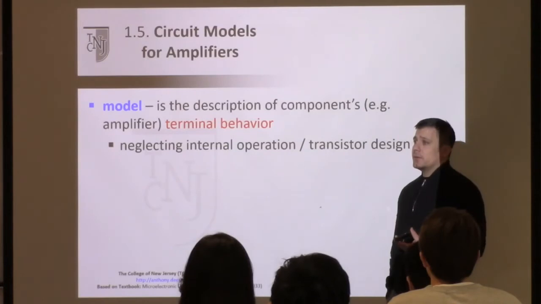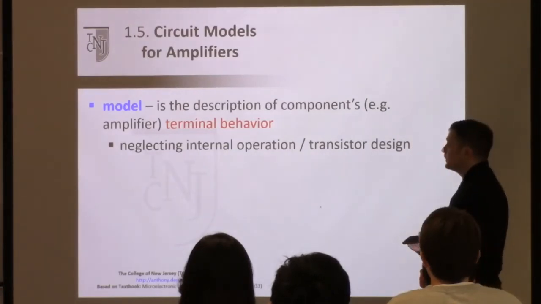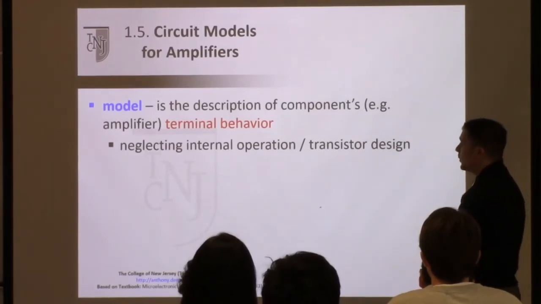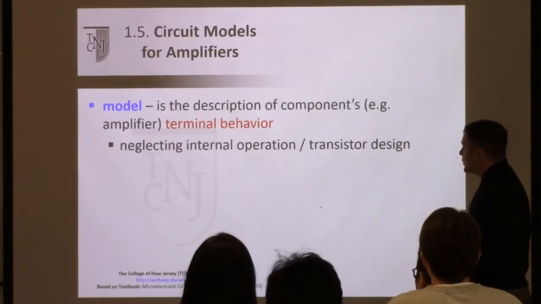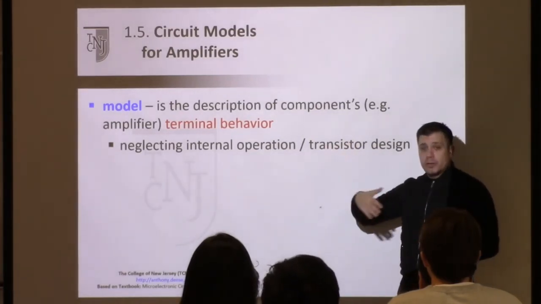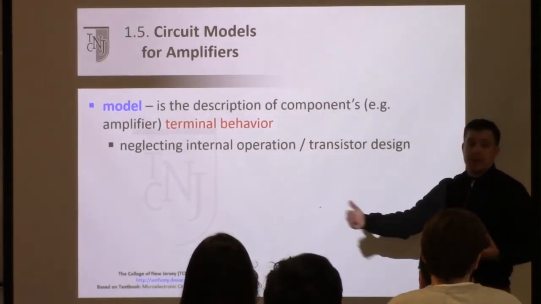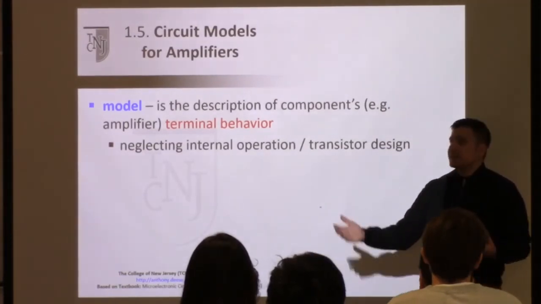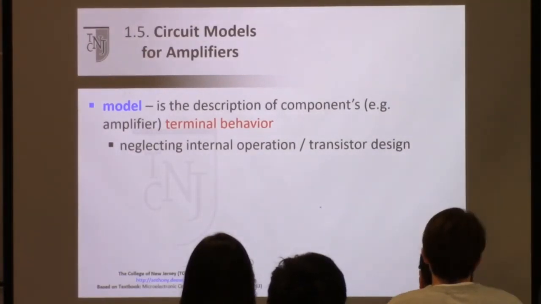It really depends on what the application is. So the model describes the device's terminal behavior, neglecting internal operation and really the transistor level design. Sometimes a model could be modeled after the internal behavior. That's one way of modeling something, okay? But it doesn't necessarily have to do that.